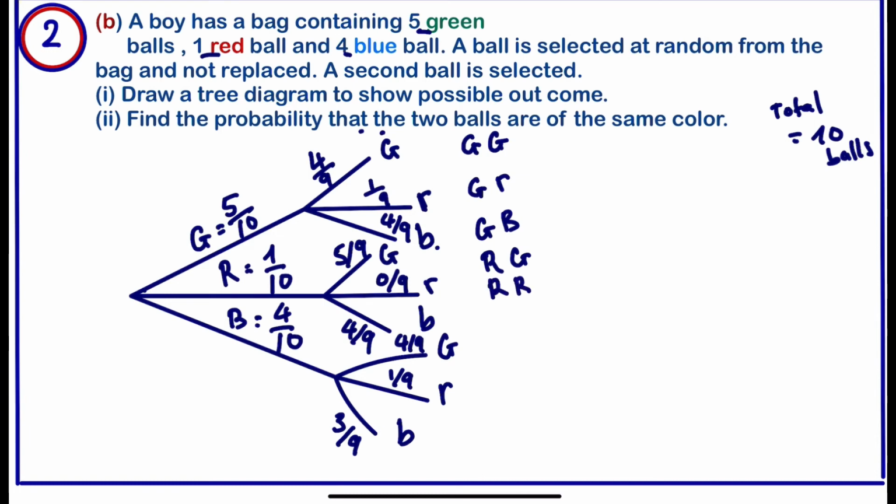You can change this to a capital letter, it's still the same. So we have red, green, this is it. Next we have red, red, and next we have red and blue.